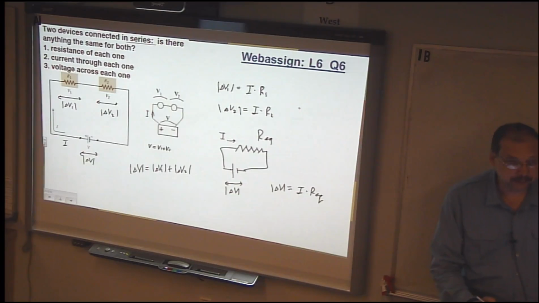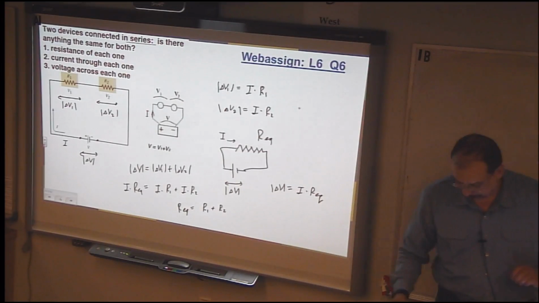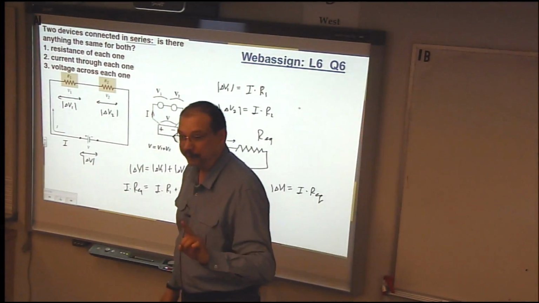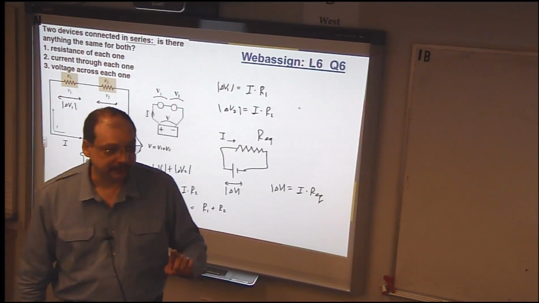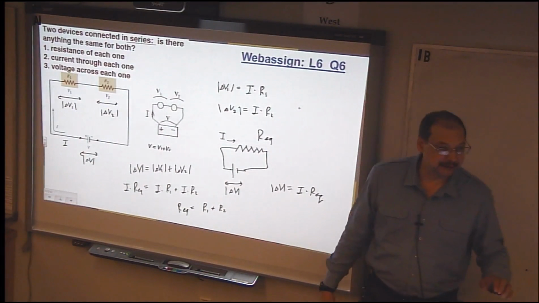We can write Ohm's law inside this equation 3 times. Physics is done. But now we can do some simple mathematics. We can cancel the current because it's the same. The result is this. For resistors connected in series, if we want to replace them with a single resistor, the resistance of that single resistor is just the sum of individual resistances. That's it.